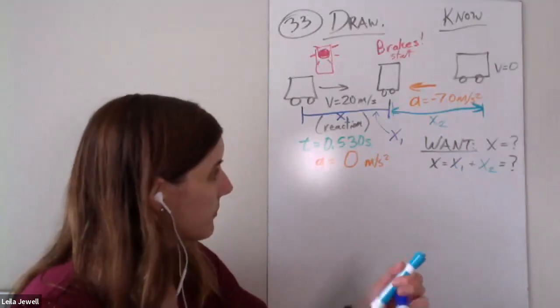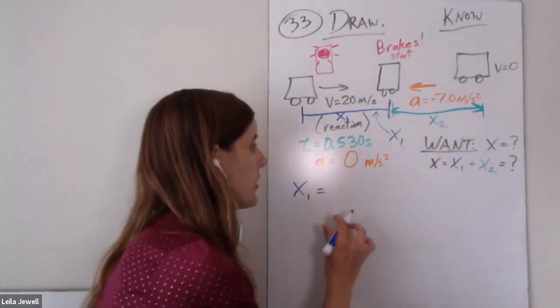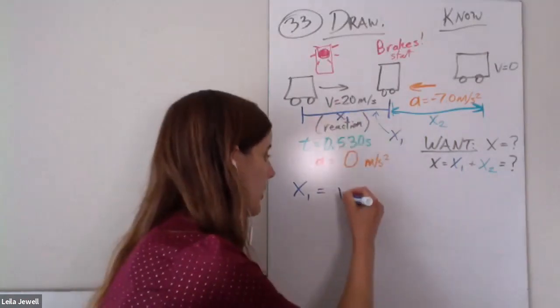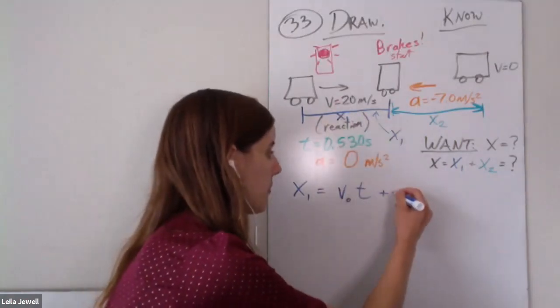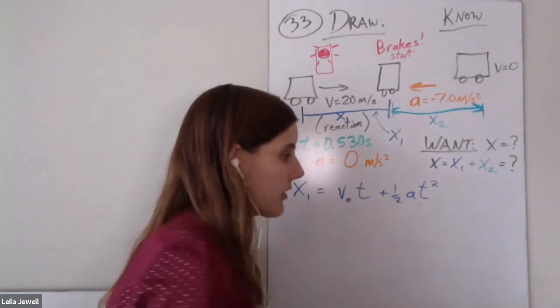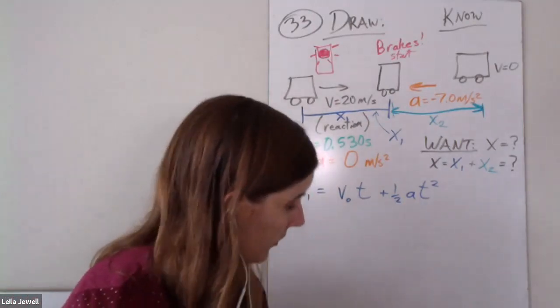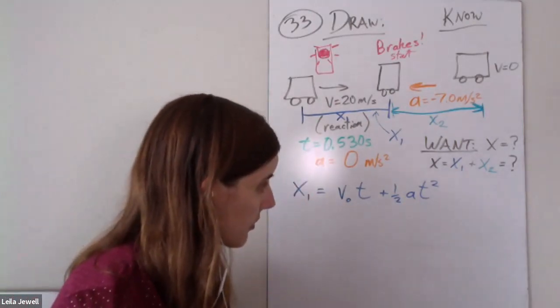So we can say x1 is equal to my initial velocity times time plus 1/2 a t squared. And because the acceleration is 0, this whole second term is going to go to 0.